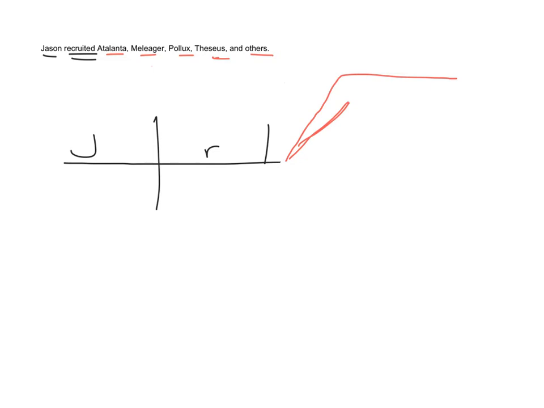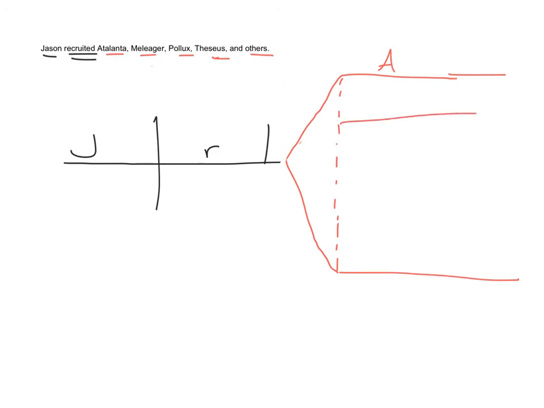That would get way too crowded. That's not how we do it. What we do is we draw our dotted line, and everything connects to the dotted line. So I'm going to write a great big bracket here. And then I have Atalanta, Meleager, Pollux, Theseus, others.